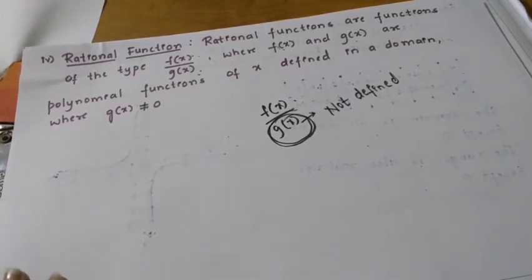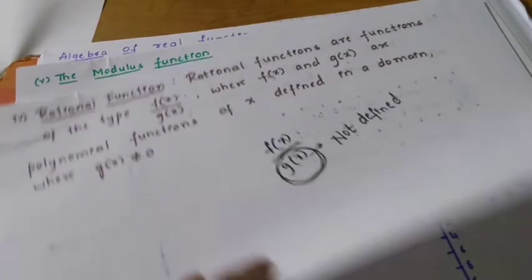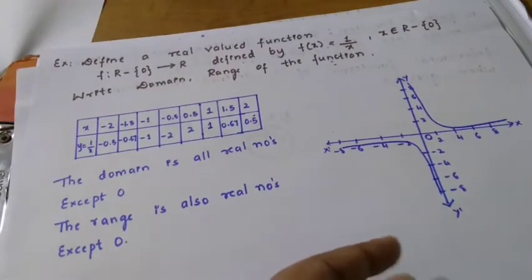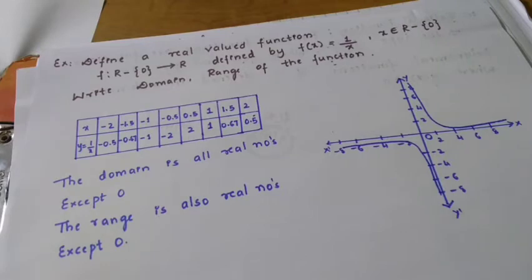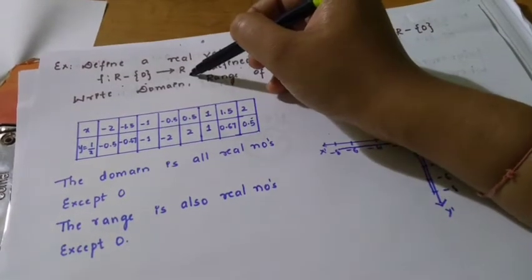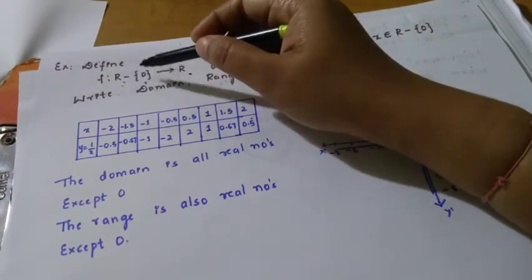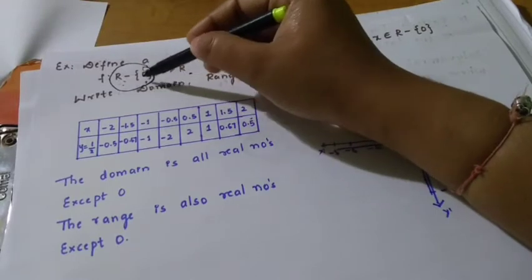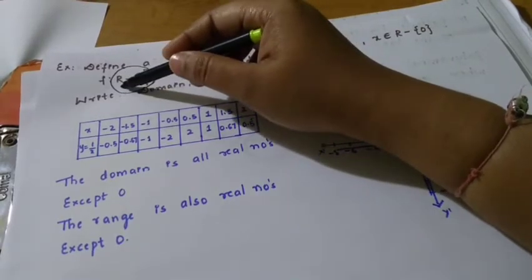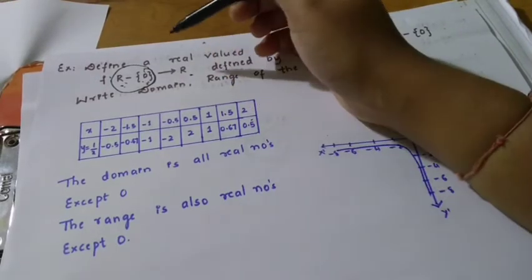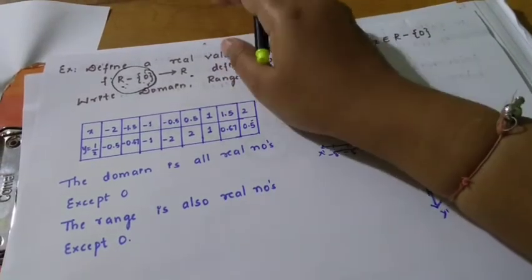So for rational function also we will take one example to prove this. Okay, what we have defined here, I'll show you the example. We have defined a real valued function f from r minus 0 to r. ಇಲ್ಲಿ ಯಾಕೆ r minus 0? r minus 0 ಅಂದ್ರ set of all real numbers except 0. 0 ತಗೋಬಾರ್ದು ನೀವು, ಯಾಕಂದ್ರ g of x should not be equal to 0 ಅದ.